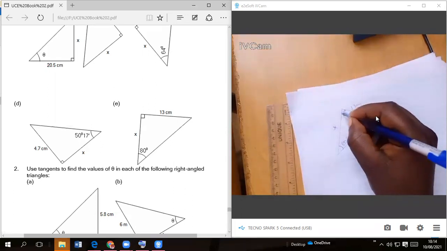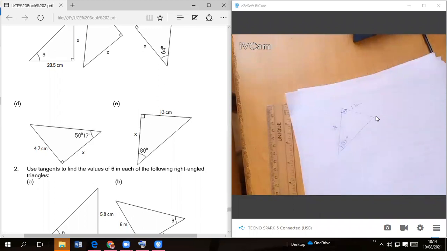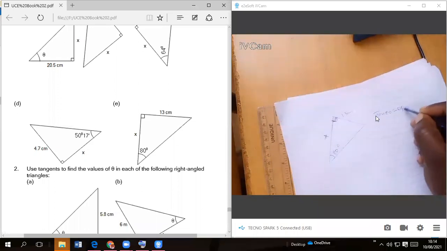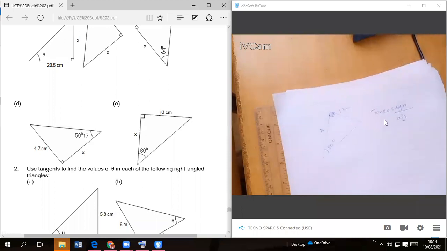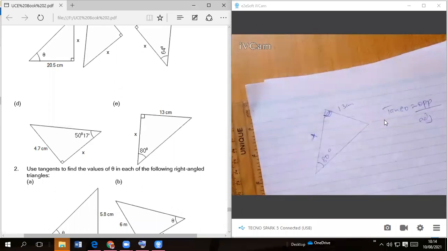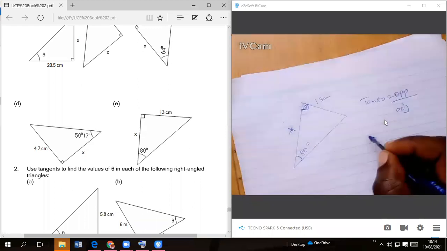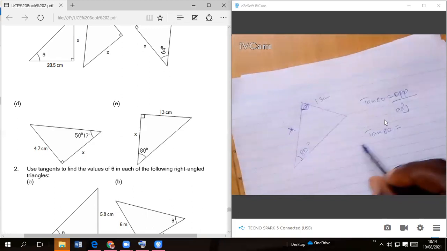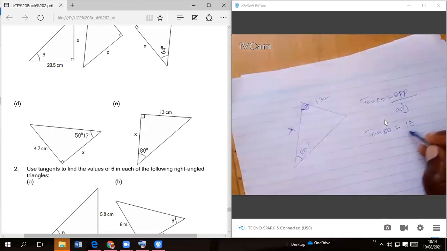This is 90 degrees. The value of x, the other one was 13 centimeters. So tan 80 is given by the opposite over the adjacent. So tan 80 is equal to opposite, which is 13, divided by x.